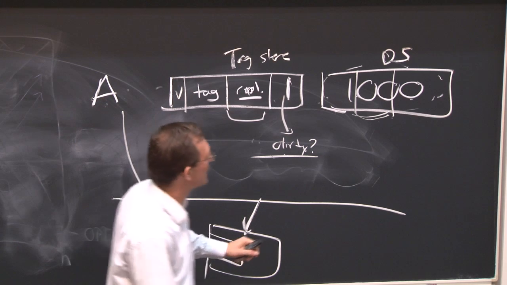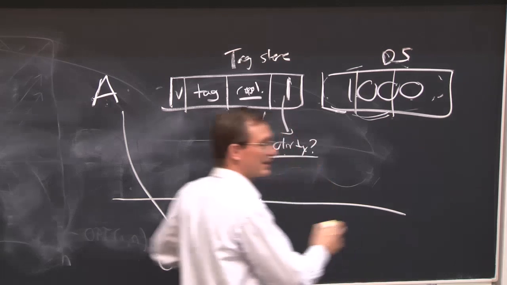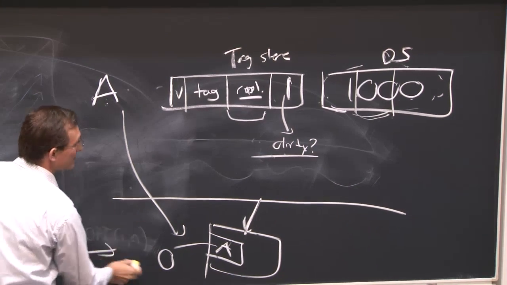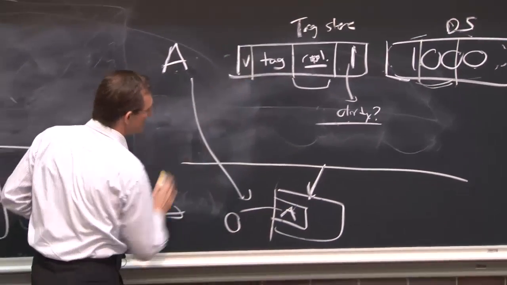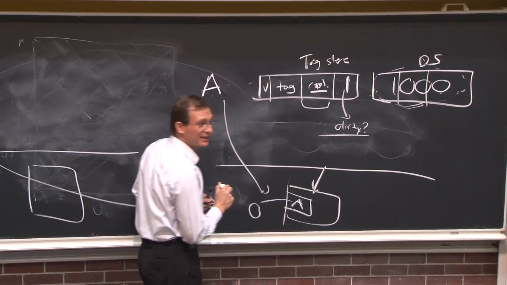Now what if some other processor requests this block? We haven't covered multiprocessors yet, but it's good to think about it right now, because these decisions will affect what happens in multiprocessors. Let's say another processor requests A. That request goes through the bus to this processor, and the question is, what is the value of A?